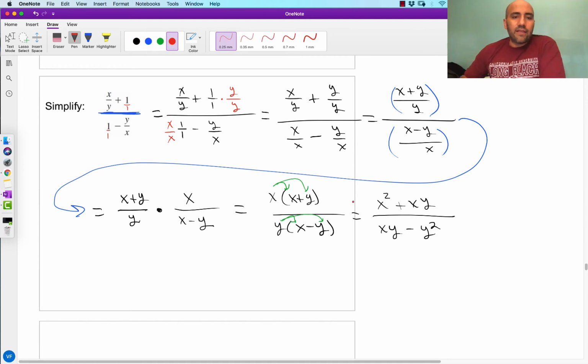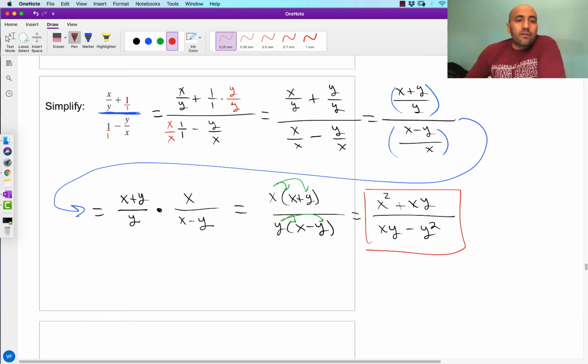Right? And that's our final answer. Ugly. Of course, if something were to cancel, reduce, we would take advantage of it, but nothing will. Right? Even if we try and factor it, well, then we're just going to get to this stage, and then nothing reduced, so I know it's not going to reduce.